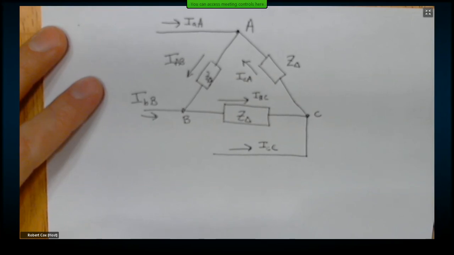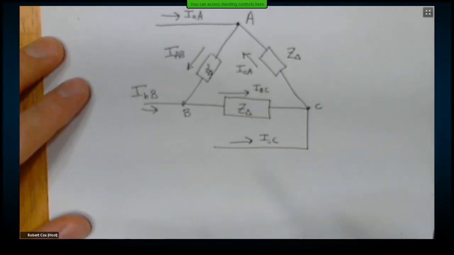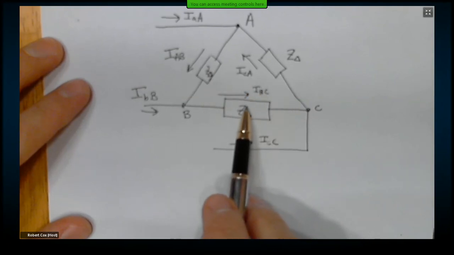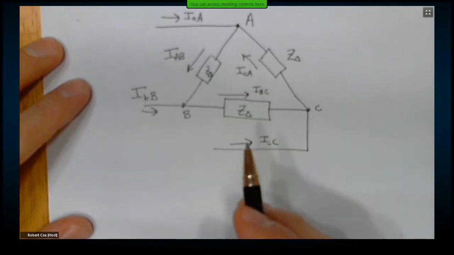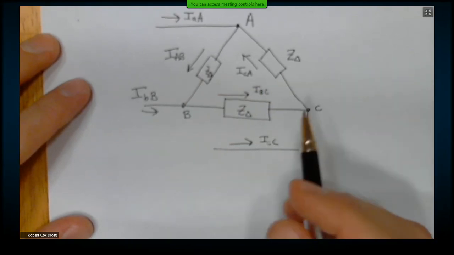Now, let's make a definition. One thing we know about these currents: if the loads are balanced, and if the sources are balanced, we know that the magnitudes of I_AB, I_BC, and I_CA are the same.